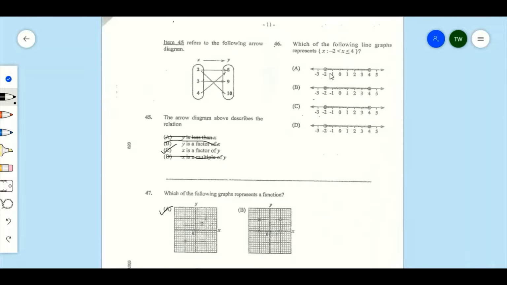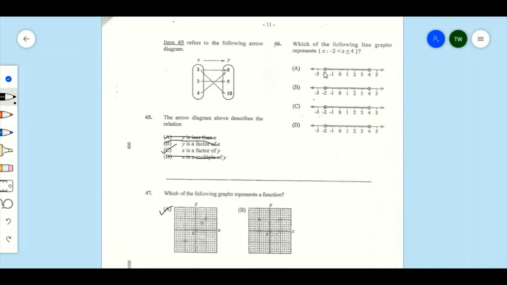Now, if x is less than or equal to 4, then that value should be shaded. And if x is greater than negative 2, then that value should not be shaded. There should be just an open circle around it. So here, when you look at option A, note that it is not shaded. This is an open circle.